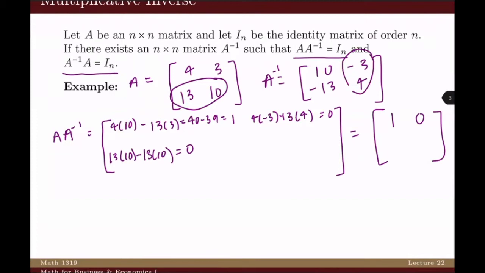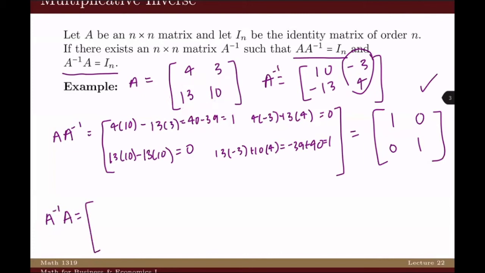So it's going to be 13 times negative 3 plus 10 times 4, which is negative 39 plus 40, which is 1. So we get the identity matrix. So that checks out. So now let's do A inverse times A and make sure we get the identity matrix.